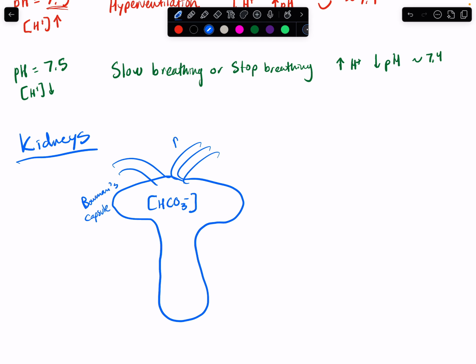So this is your blood, and you have HCO3 coming into it. Next to your Bowman's capsule is another part of your kidney called the proximal tubule cell.